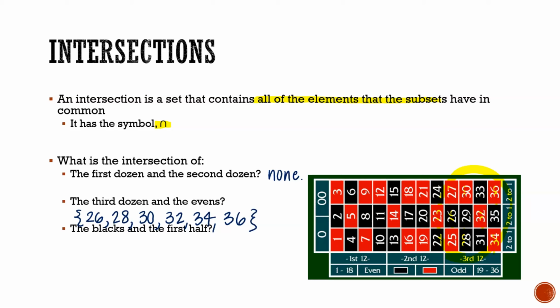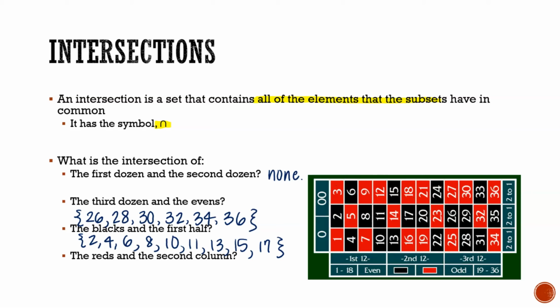What is the intersection of the blacks and the first half? The first half would be the numbers 1 through 18. Blacks would include the numbers 2, 4, 6, 8, 10, 11, 13, 15, 17, 20, 22, 24, etc. But I don't have to worry about the blacks that are not in the first half since I am looking for the intersection.